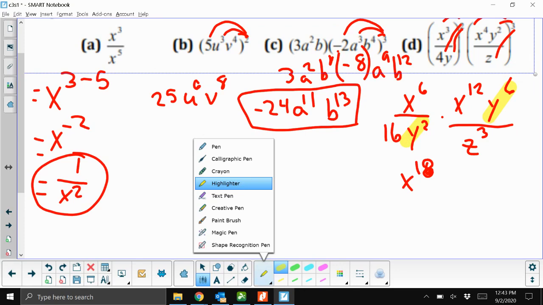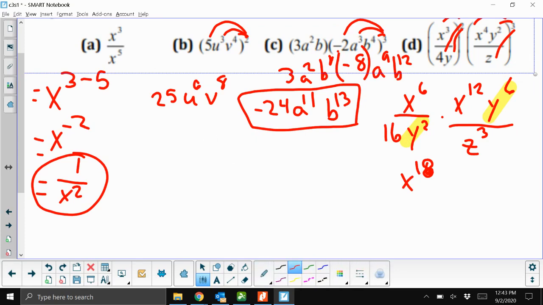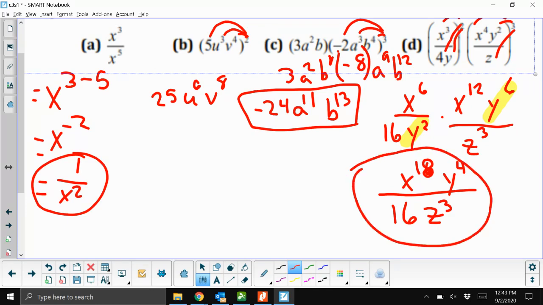So what we're going to have to do there is subtract, right? Because we got one on top and one on bottom. So 6 minus 2 is 4. Since we got a y to the positive 4, we knew that's going to go on top. So now we've gotten rid of all of those. So now we just have our 16z cubed on the bottom, and we have it simplified. Not too bad at all, right?